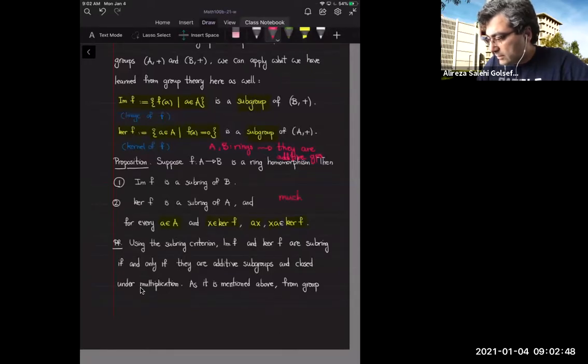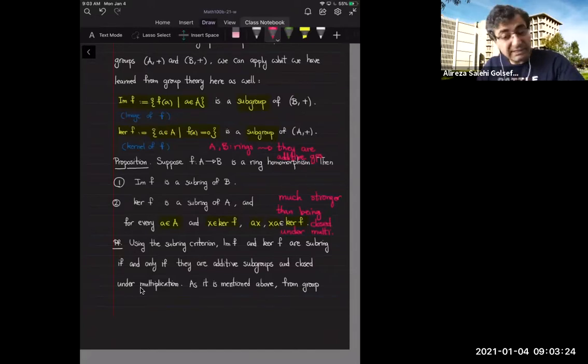In fact, we will come back to this property when we study ideals of rings. But for now, let's prove these properties.